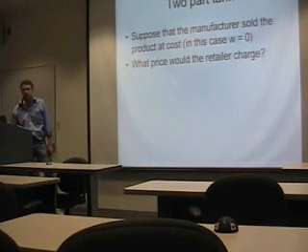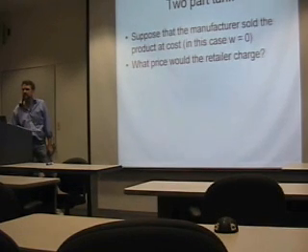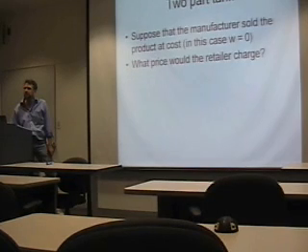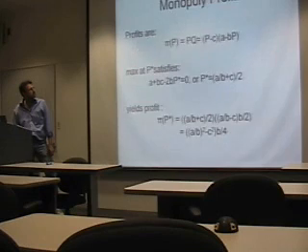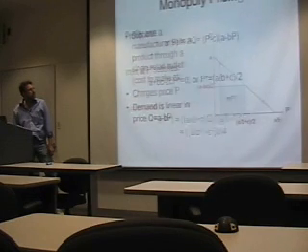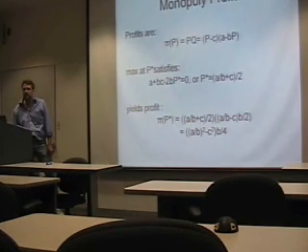Then what would the retailer do? Anybody? How would that compare to the manufacturer's problem, where he manufactured the good at zero and sold it directly? That's the manufacturer's problem.